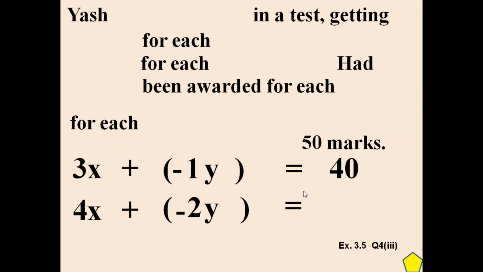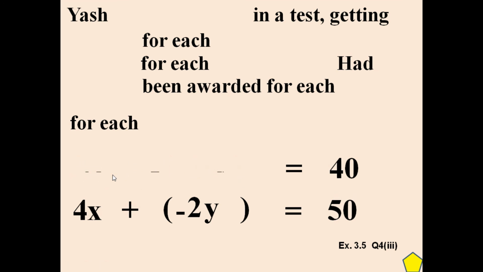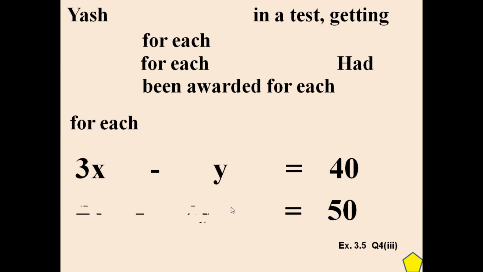He would get 50. Now, this equation can be rewritten as 3x minus y equal to 40, and this equation can be rewritten as 4x minus 2y equal to 50. Again, we can simplify this equation further.